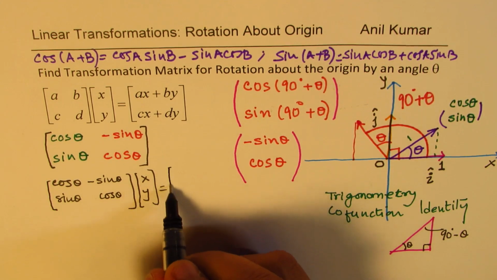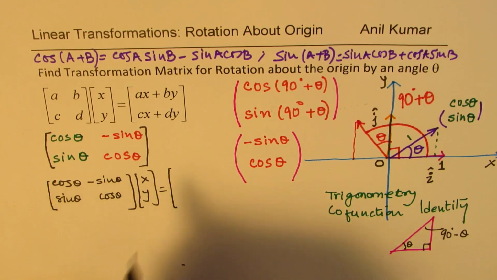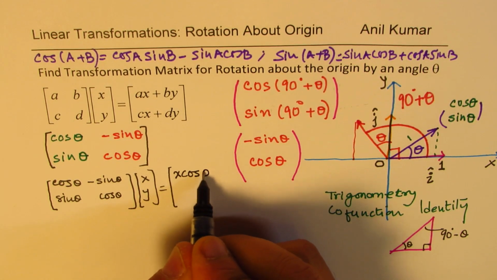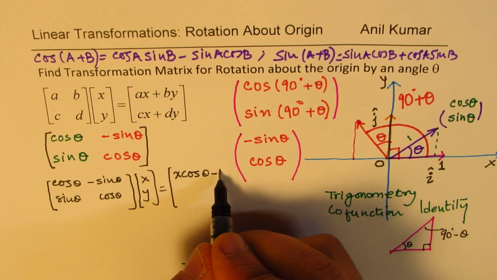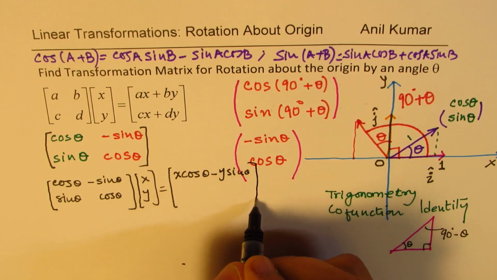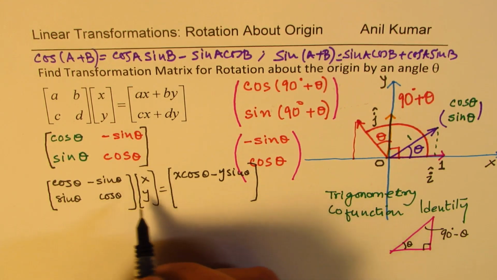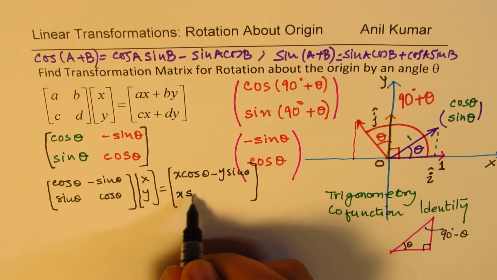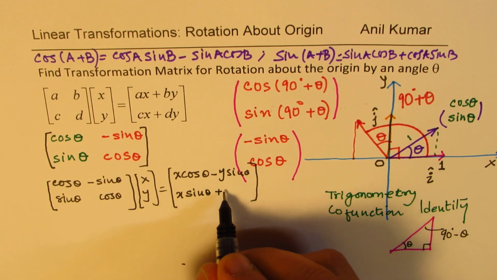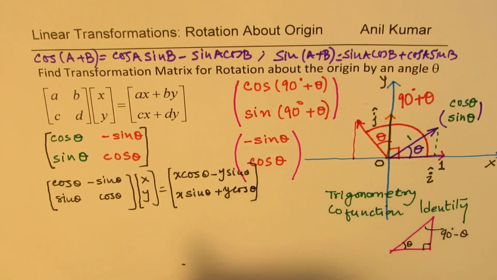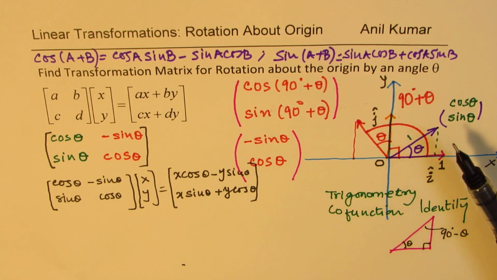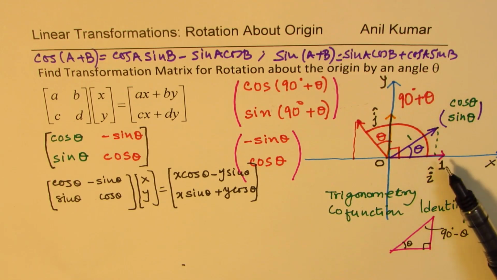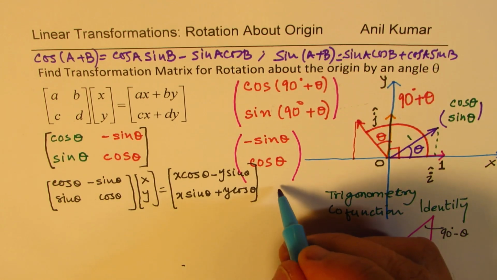In that case, the result will be x times cos theta minus y times sine theta. So we get a 2 by 1 matrix, which will be this, right? Or x times sine theta plus y times cos theta, right? So if you look into this, a general point x, y instead of taking 0, 1, right? So any point x, y, so let me just generalize this. Okay, so I'll sketch a new one somewhere here.